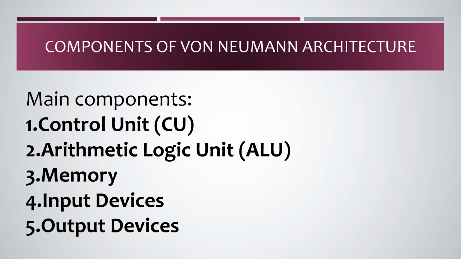These first two components are part of the CPU, the central processing unit, which is considered the brain of the computer. The third one is memory for saving and storage, the fourth one is input devices, and the fifth one is output devices.